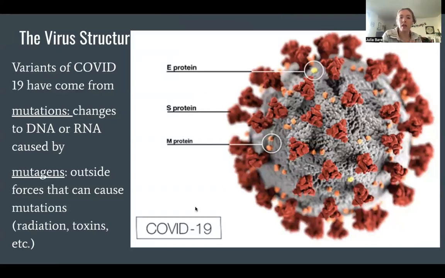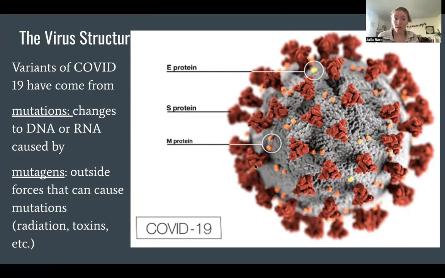Now, one of the interesting things about RNA viruses is that they evolve very quickly. And the way that these viruses evolve is from mutations. Because these viruses are not alive, they have no mechanism for defending themselves against mutations, whereas most living organisms have the ability to adjust and fix mutations.